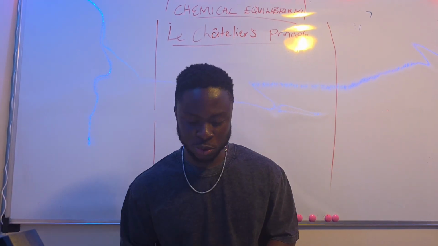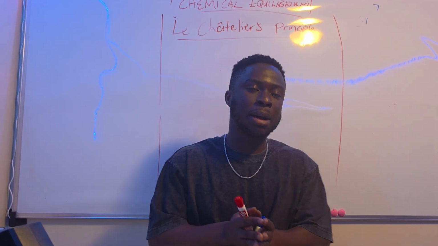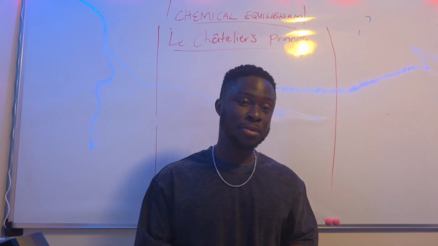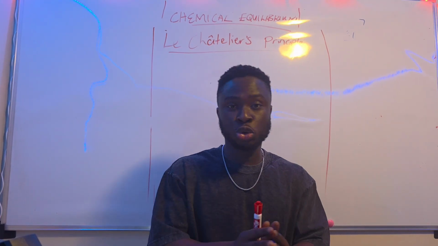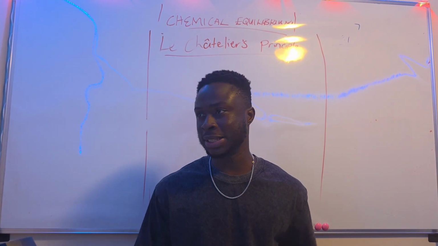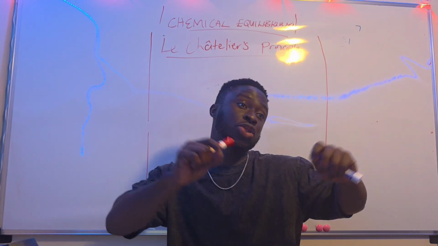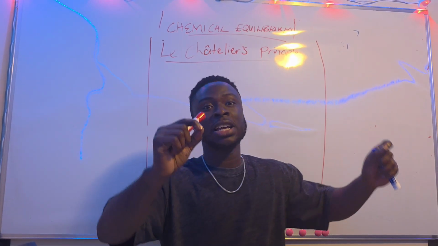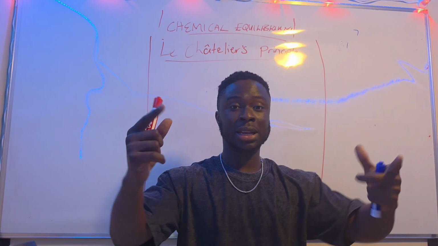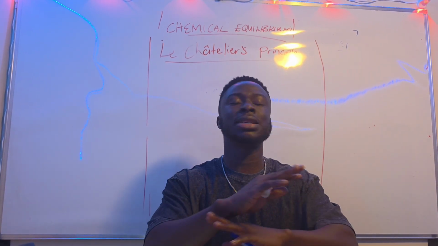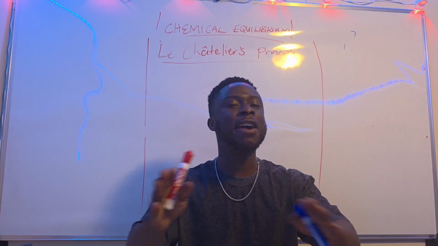What he discovered was that if stress is applied to a system at equilibrium, the system or the equilibrium will shift in whichever direction to get rid of the stress. This is a basic thing. If you stretch an elastic band, that means you apply stress to that elastic band. If you release that elastic band, it will come back to normal to alleviate that stress. It happens everywhere in everyday life.